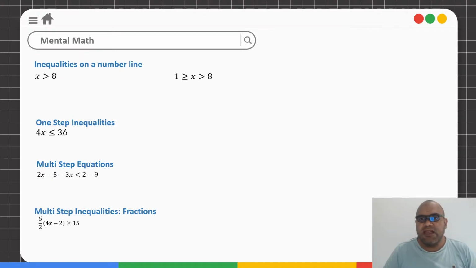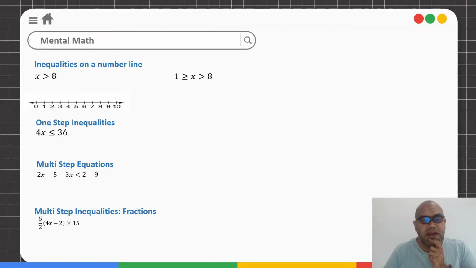Remember, last class we talked about inequalities. Let's figure out and understand these steps, okay? The first one is x greater than 8. Which kind of results can I have greater than 8? I can have 9, 10, 11, all of these solve my problem.